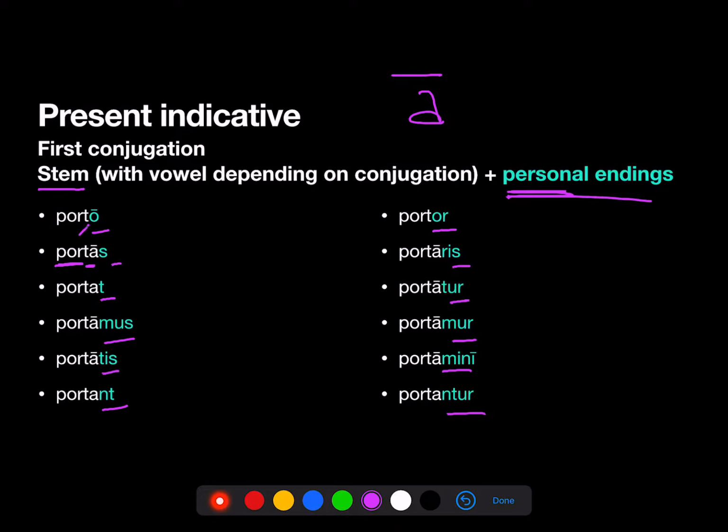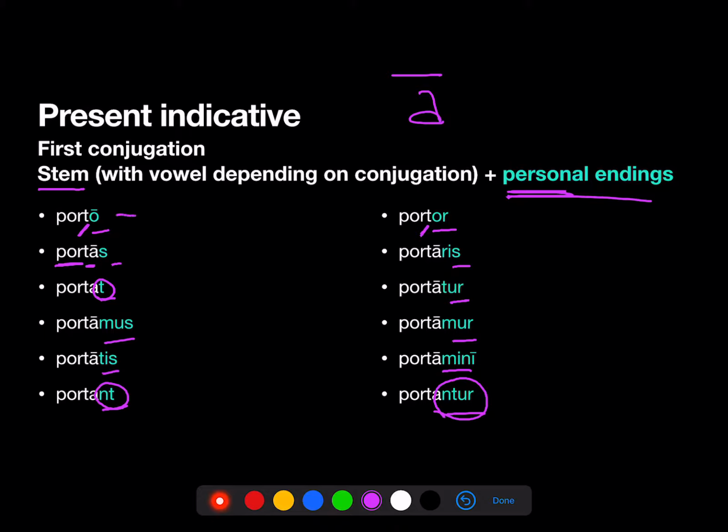Notice that before the o of the active, first person singular, and the or of the passive, first person singular, that A disappears. Notice too that that long A is shortened before final t, nt, and ntur.